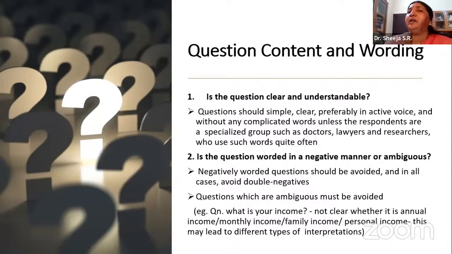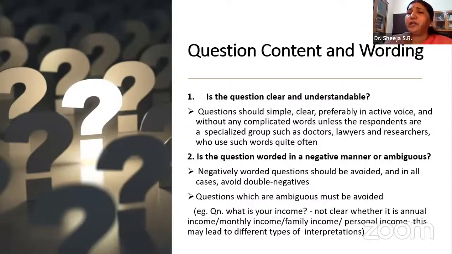It should be simple, clear, and preferably in active voice. Try to ask questions preferably in active voice without any complicated words. If you are collecting information from an ordinary person, you should not use any complicated word in the questionnaire. If you are using any complicated word, the respondent will not be able to understand that.